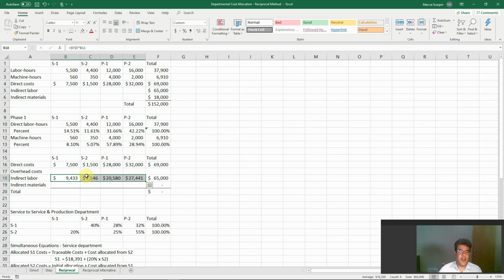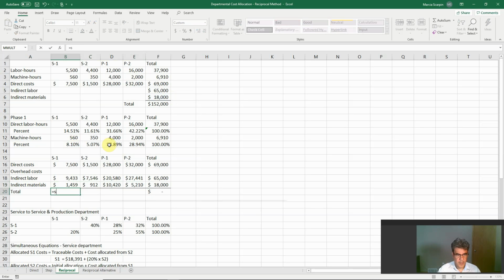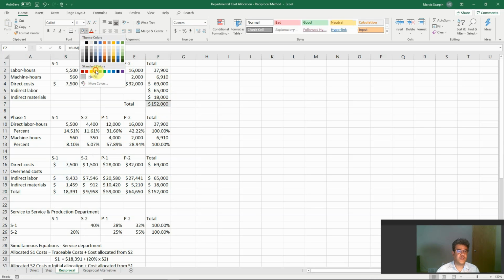Copy and paste, we will have percentage for service two, production one, production two. Indirect materials, the same, 18,000. Let's fix it. Times the percentage, and copy and paste here. And the total, we only need to sum all of our costs. And we have the same 152 here, because we are not increasing or decreasing costs. We are only allocating them.